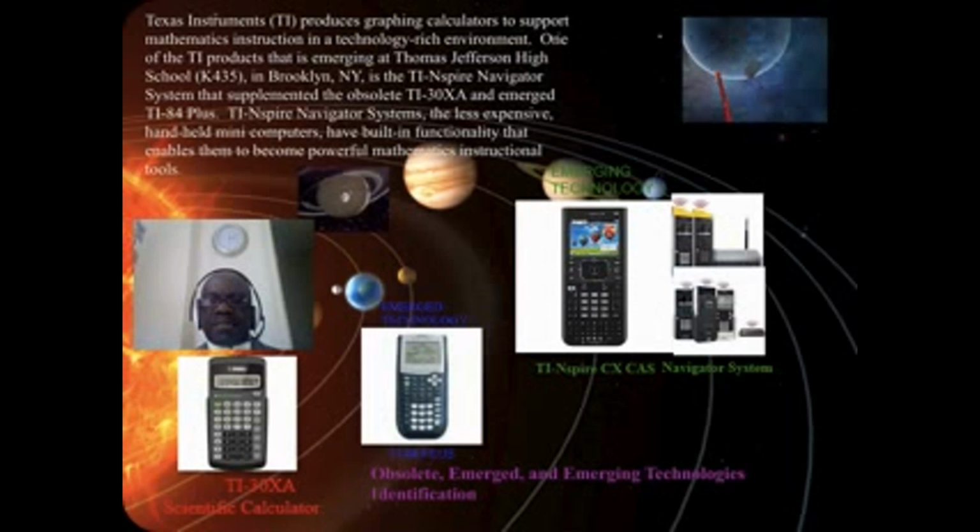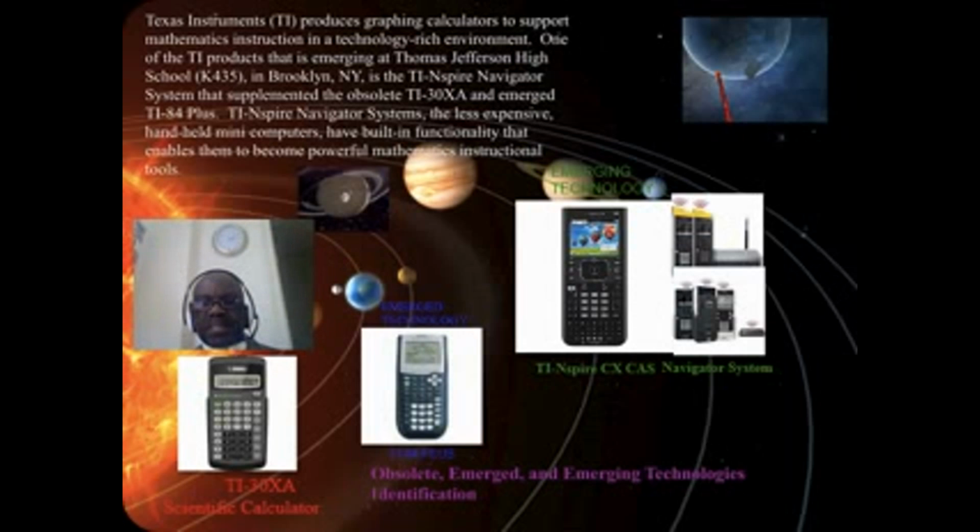The TI-Nspire Navigator system, the less expensive handheld mini computers, have built-in functionality that enable them to become powerful mathematics instructional tools. The integration and diffusion of graphing calculators in mathematics education trail Rogers' theory of the diffusion of innovations.